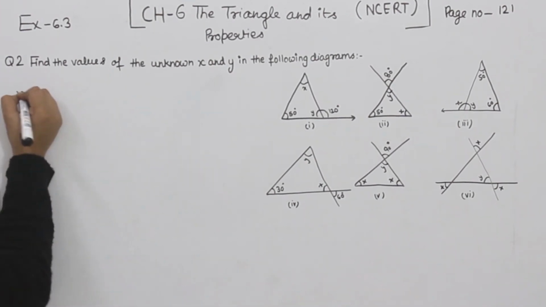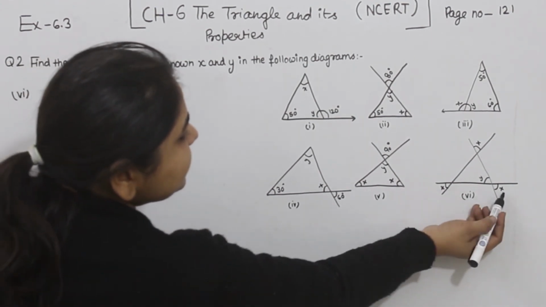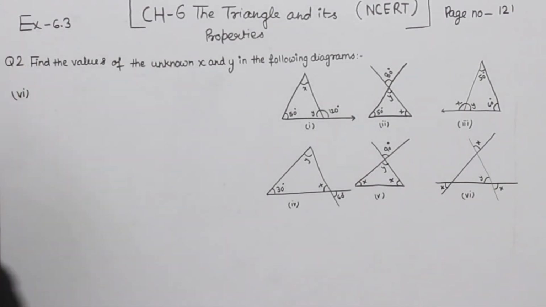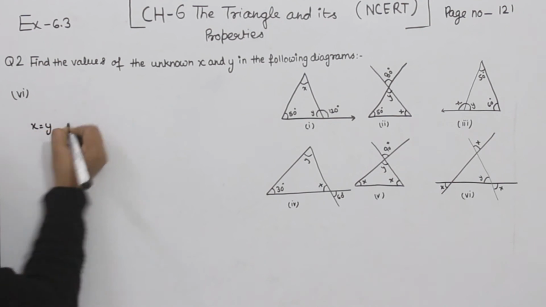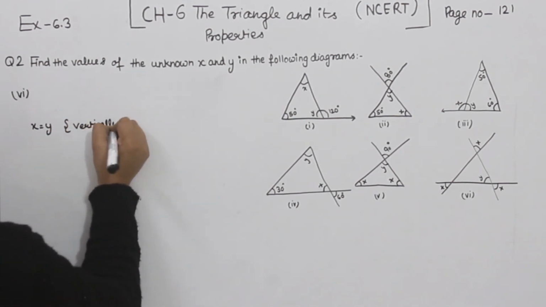Now comes the part 6. This is the figure of the part 6. This one is x, this one is x, this one is x and this one is given as y. Now all 3 exterior angles are equal to x and 1 interior angle is given. So first we'll write here x is equal to y because they are vertically opposite angles.